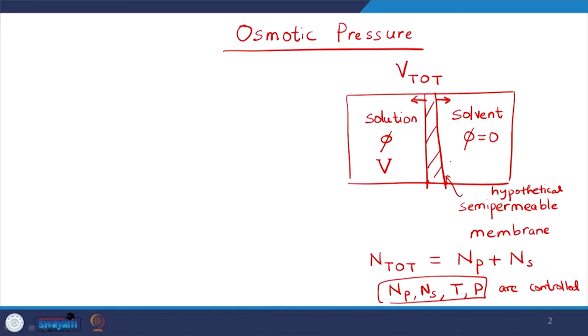So, if for example the solvent wants to come here, since the liquid is assumed to be incompressible, the movement of the solvent must be accompanied by the movement of the membrane to the right, or we can say that V increases as solvent comes into the solution.